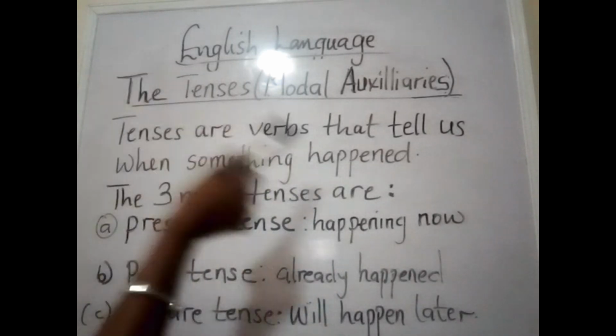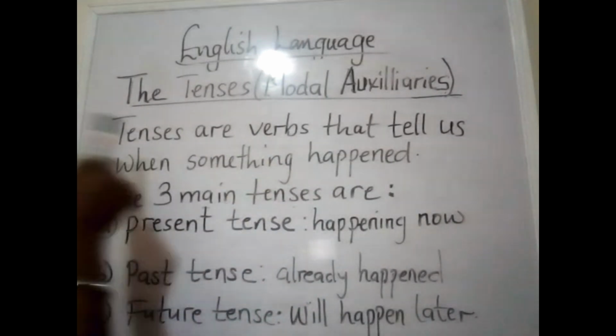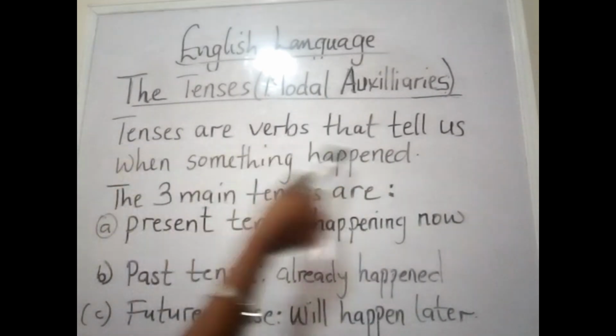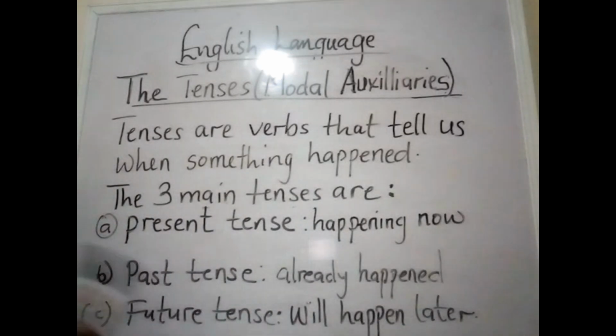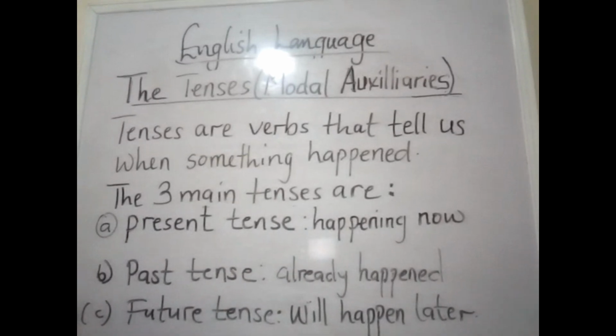So having looked at modal auxiliaries in the past lesson, we are now looking at how they are used in connection with tenses to show the timing of events and also to show possibility, whether in the present, past, or future, and ability, whether in the present, past, or future. So the present, past, and future tenses simply show the time that events occurred.